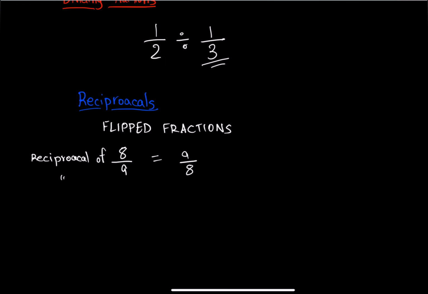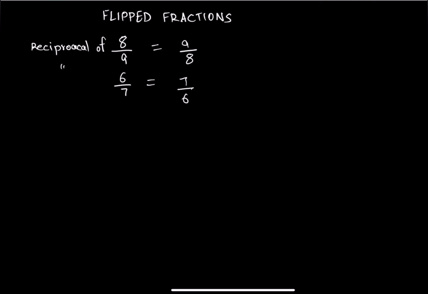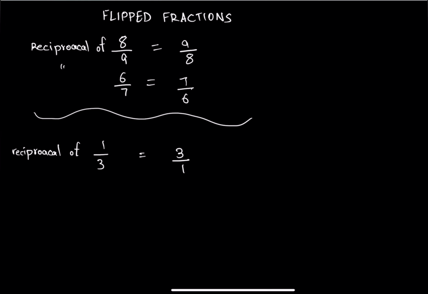The reciprocal of 6 by 7 would give us 7 by 6. So we're going to take our second number, which is, again, 1 by 3, and we're going to find the reciprocal of 1 by 3. So the reciprocal of 1 by 3 gives us 3 by 1.